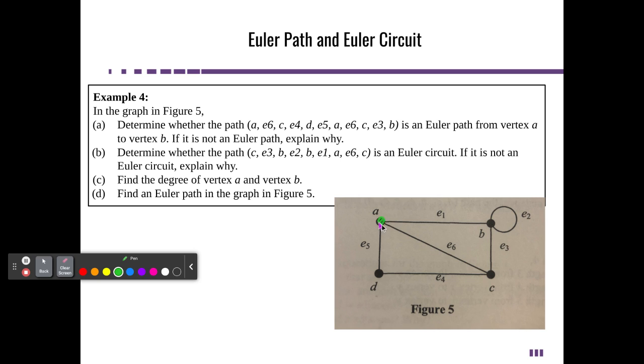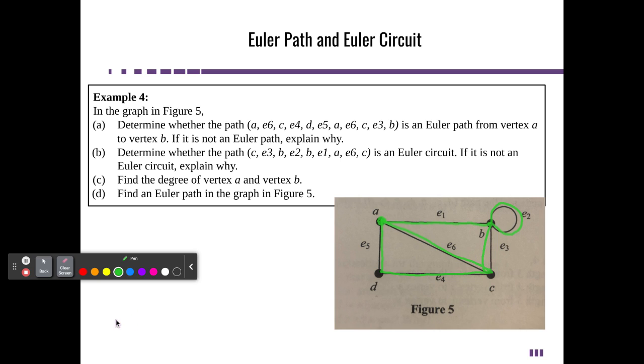So I'm going to start at A, and I'm going to go on E1. And then over to B, and then I'm going to cruise around E2, and then I'm going to cruise down E3 to C, and then I'm going to cruise on E4 to D, and then I'm going to cruise on E5 to A, and then down E6, and so there I have my path.